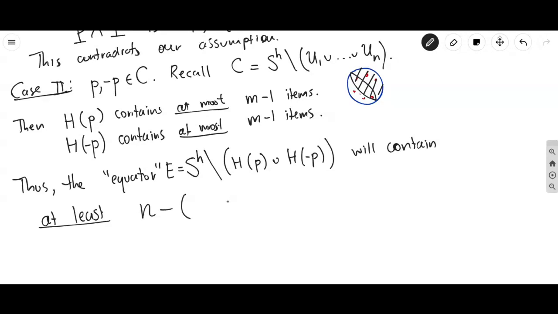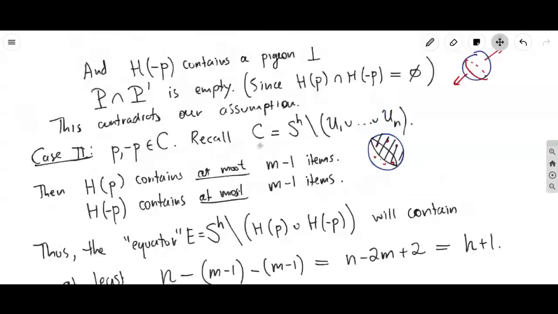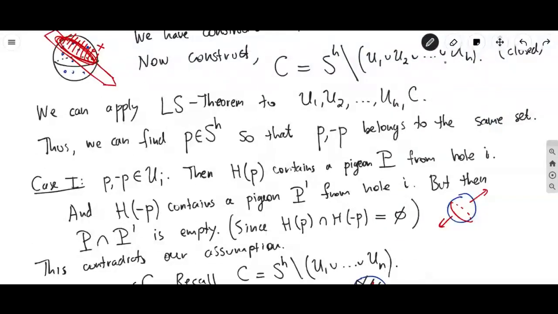And then from n items, we're subtracting m minus 1, the items that could occur on this hemisphere, and we're subtracting m minus 1 items that could occur on the other hemisphere. So this becomes n minus 2m, plus 2. Now, if you see what that is, h plus 1. Why is that h plus 1? Let's just go back all the way up again.